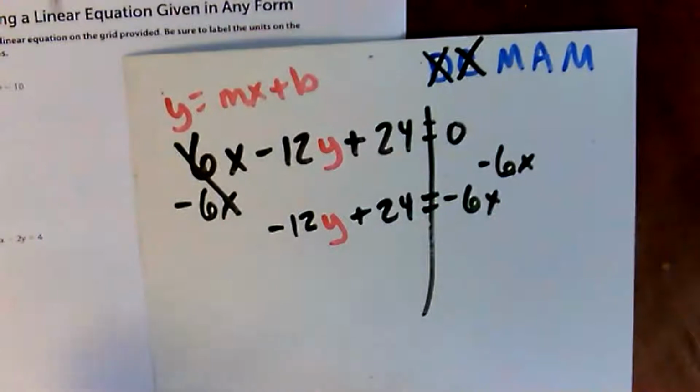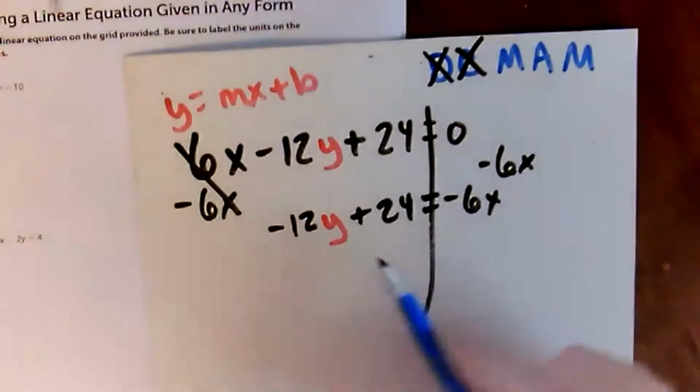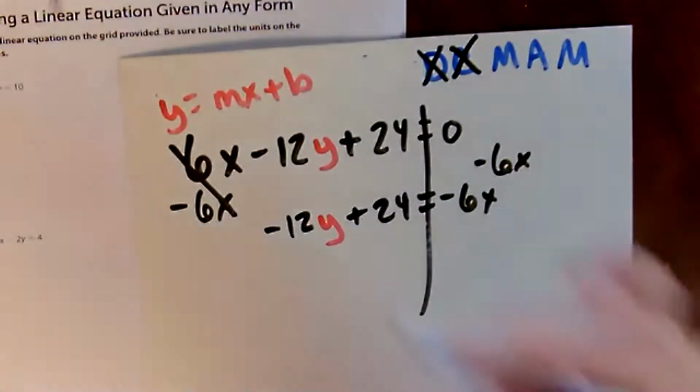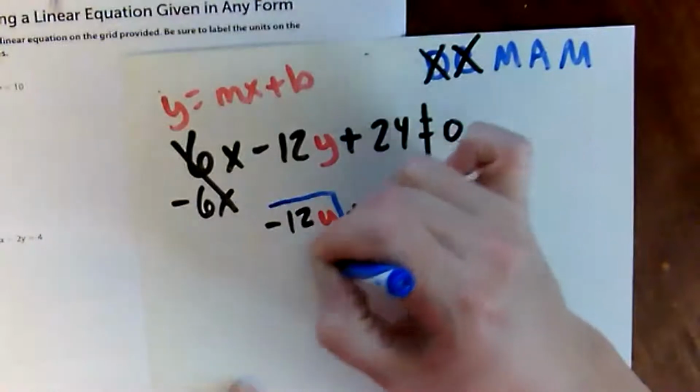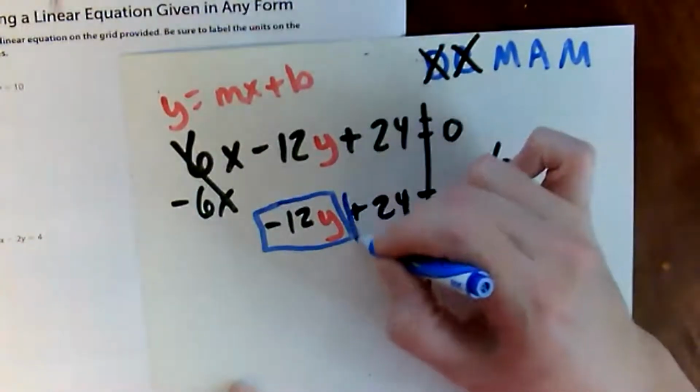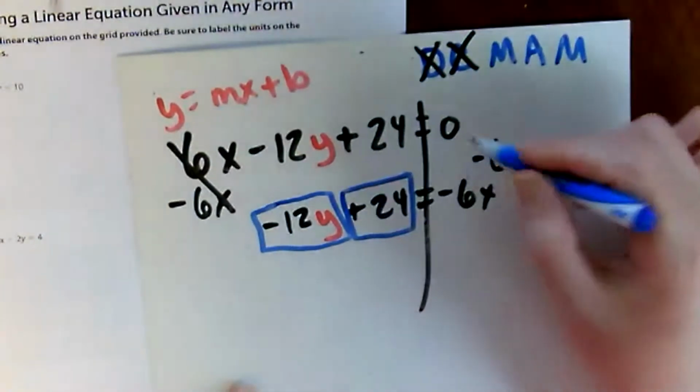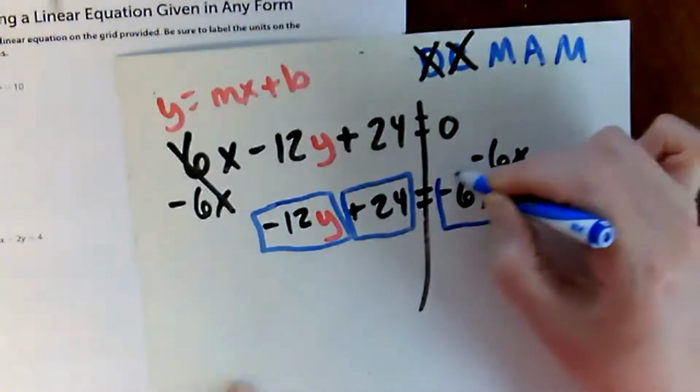All right. Now, do I still have anything to move? Wouldn't you do negative 12 divide on both sides? Not yet. This moves together as a unit, just like we moved this whole thing.